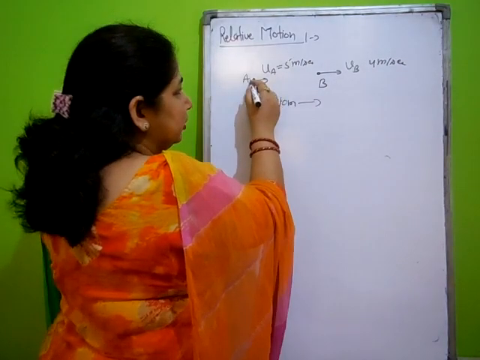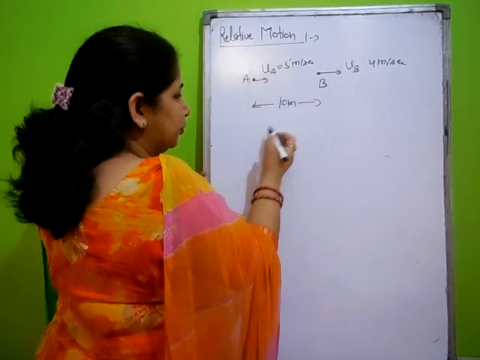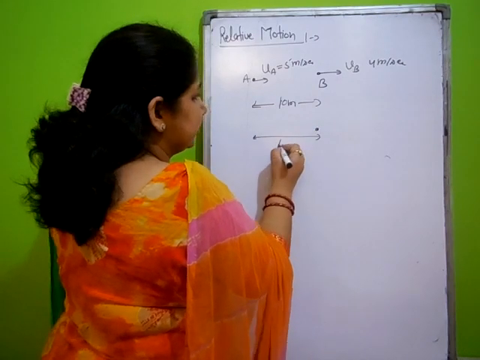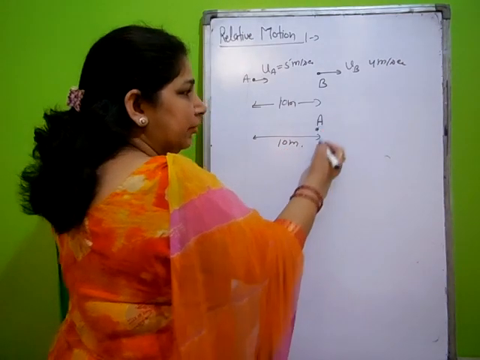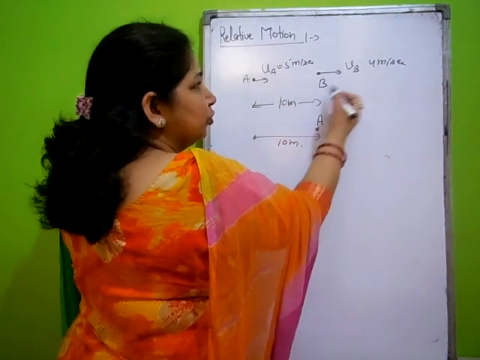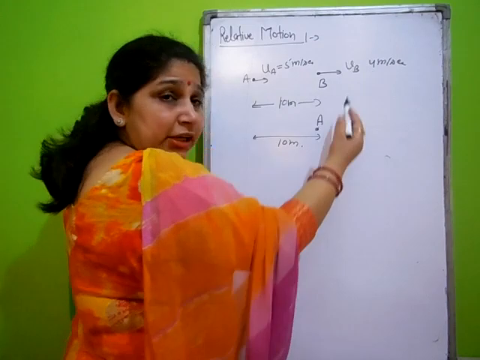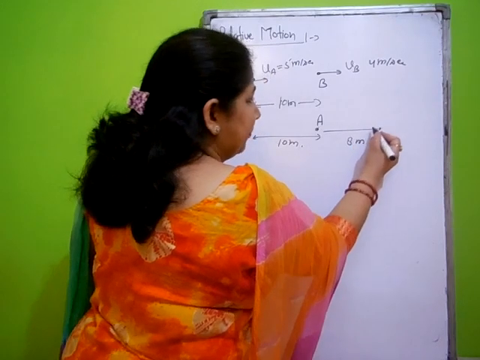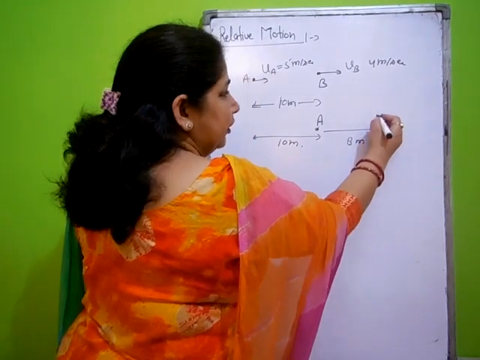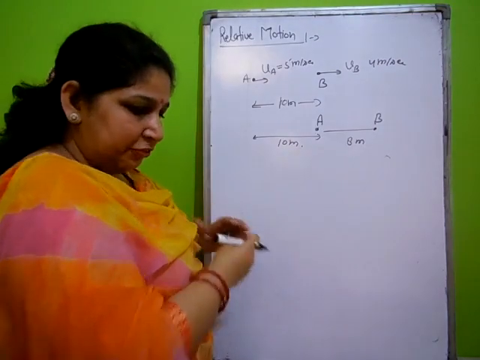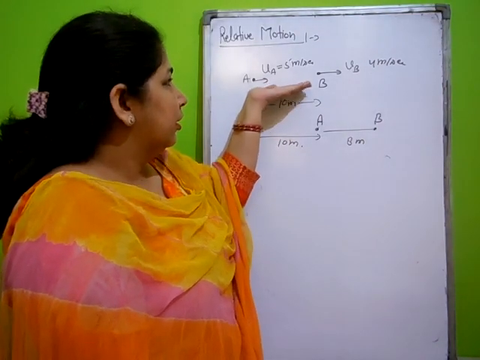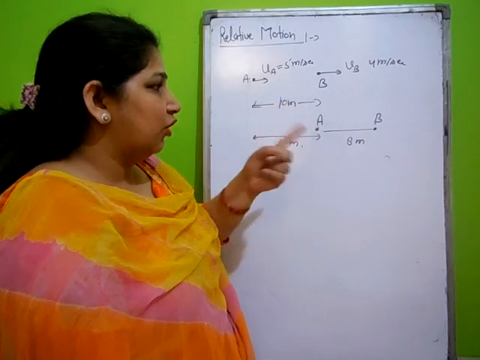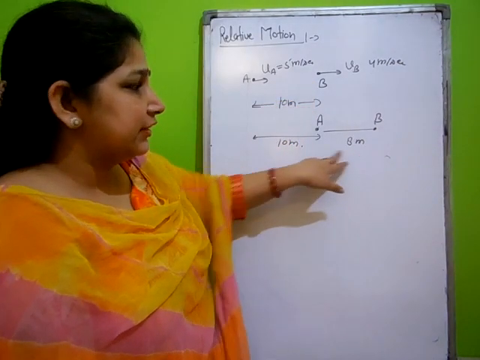After 2 seconds, A will be at this position, meaning 10 meter is covered, and B, at its velocity of 4 meter per second, will reach at the 8 meter distance gap. Suppose B is here. What is the position difference between A and B before the motion? There is the 10 meter. But now it is 8 meter.